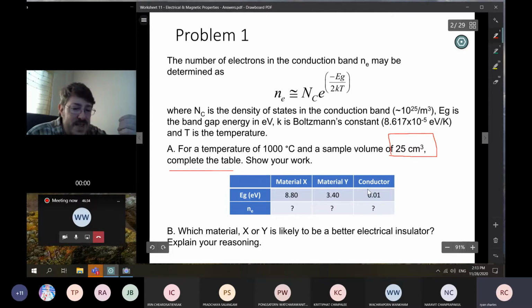Now, ideally, this is probably 0, but how do you calculate that if this is 0, right? So we'll just give it a tiny little number, so you get some electrons out of that. B, which material, X or Y, is likely to be the better electrical insulator? Explain your reasoning.